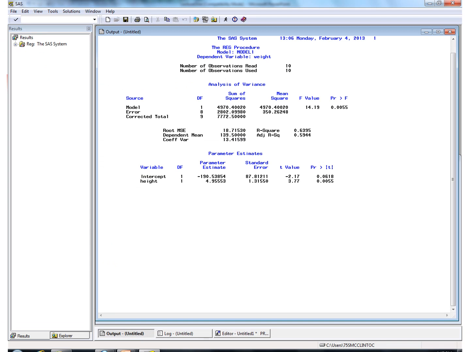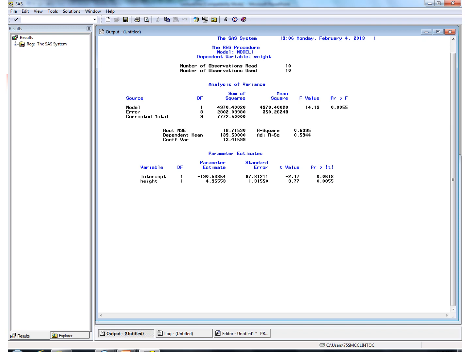And here's our output. A lot of numbers there. For now, we're actually only going to focus on two of them, but I promise by the end of week 3, you'll know what all of these numbers mean. For now, we're going to go to that bottom parameter estimate section. It has a column that says parameter estimate.